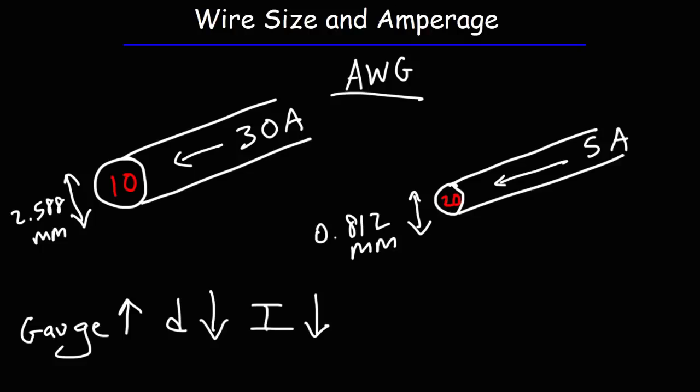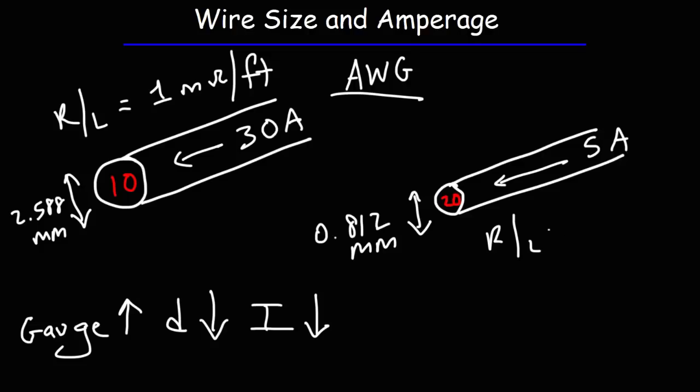Now the other thing we need to talk about is the resistance per unit length. The resistance per unit length of a wire with a size of 10 is 1 milliohm per foot, whereas the resistance per unit length for a wire with a size of 20 is 10 milliohms per foot.